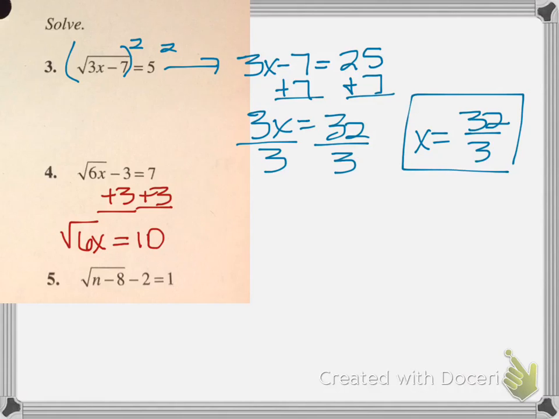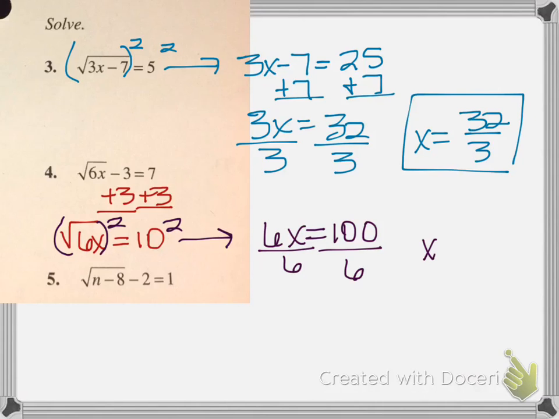Now I can square both sides. And that's going to give me a new equation of 6x equals 100. Divide by 6, and x is going to be 100 over 6, which reduces to 50 over 3.